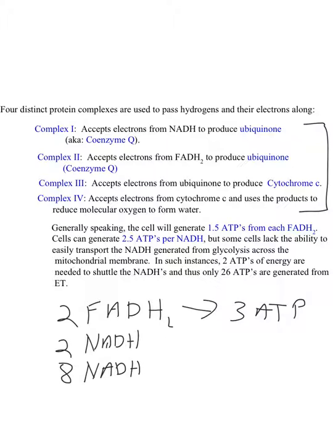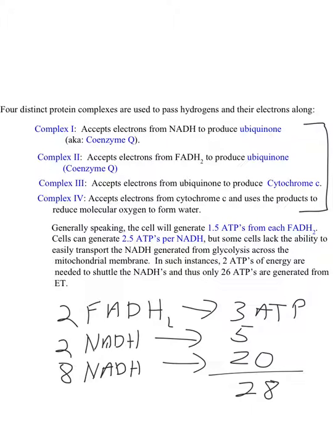Well, 2 times 2.5 is 5, right? And 8 times 2.5 is 20. Right? So, hey, 20 plus 5 plus 3 is 28. We can get 28 ATPs generated through this process if we shuffle them through electron transport.